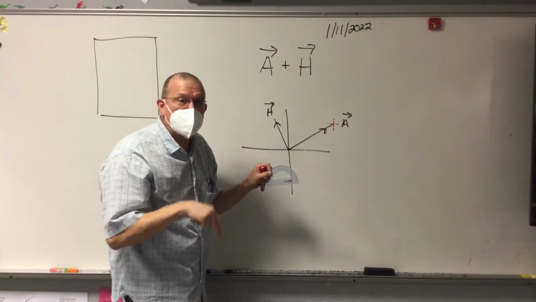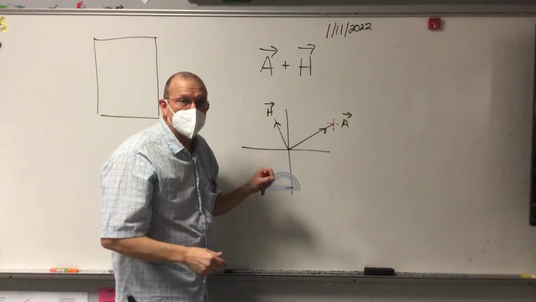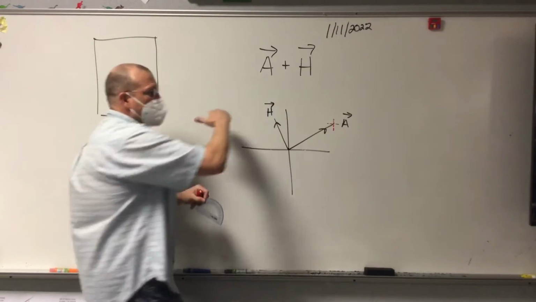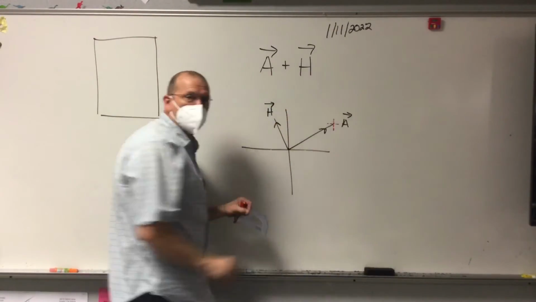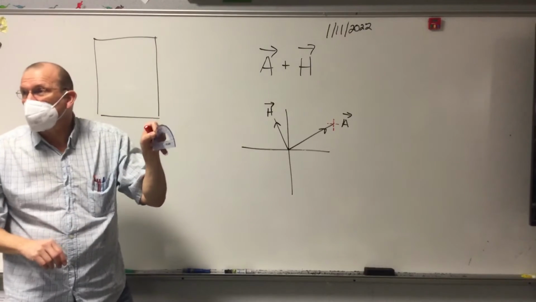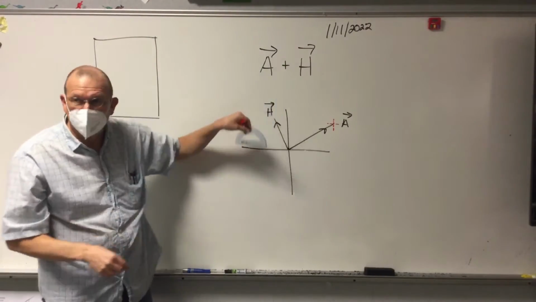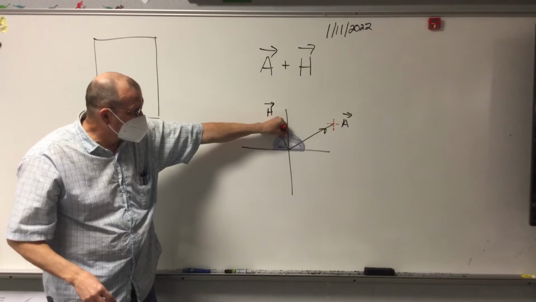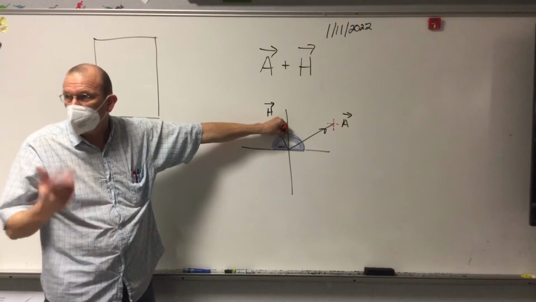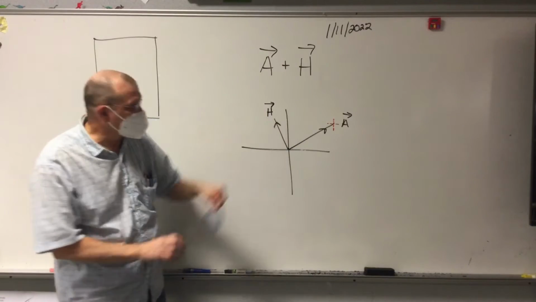And this is where the graph paper helps you. Because you have a background of horizontal and vertical lines, you guys should be able to orient this protractor anywhere on that graph paper the same way you had it when you were measuring your very first vector.